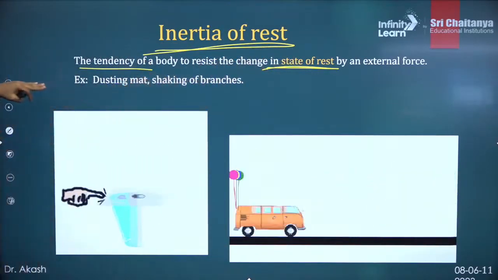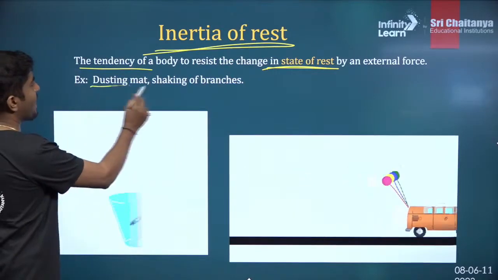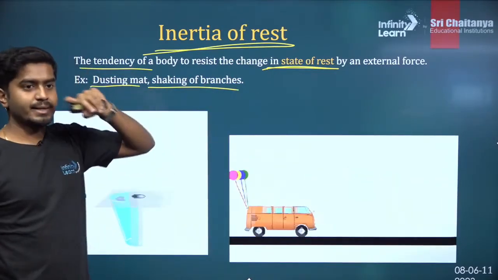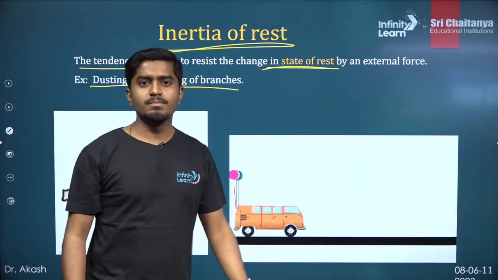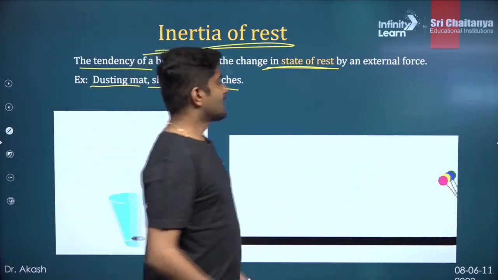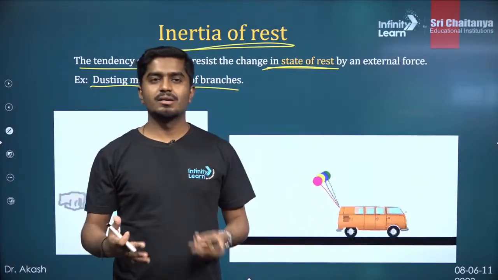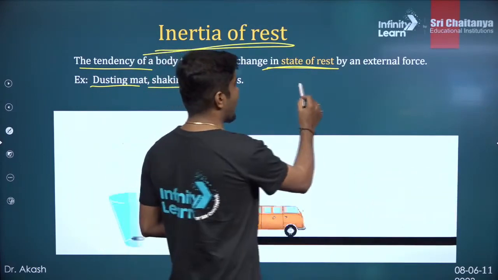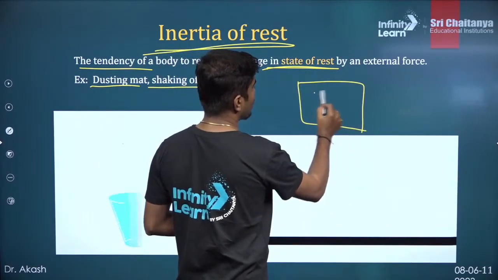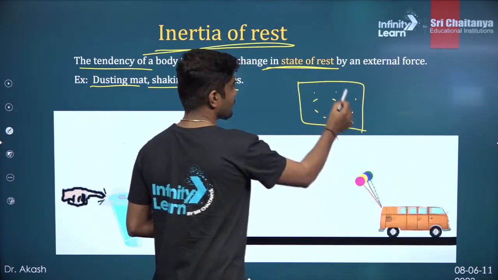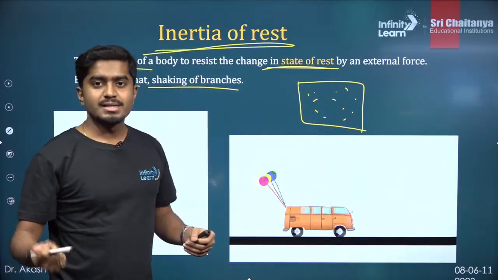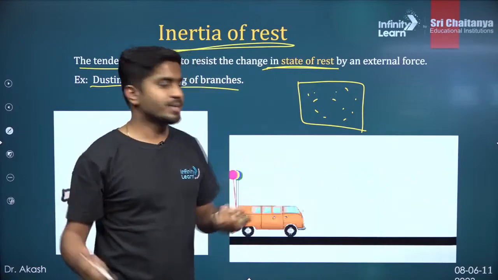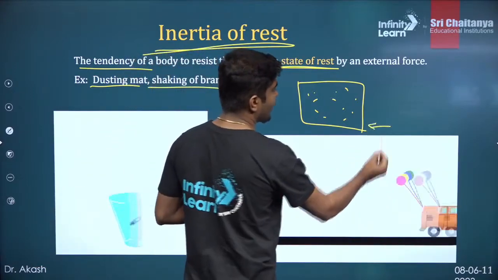Clear? Some other examples: dusting a mat, shaking the branches. Have you tried dusting a mat? You can do it at your home. Let's suppose there is some dirt, not mud, but dirt. Like, let's suppose there is a mat, and on the mat there are a lot of dust particles. Now what you do is, using some metal or something, you hit the bottom of this mat.